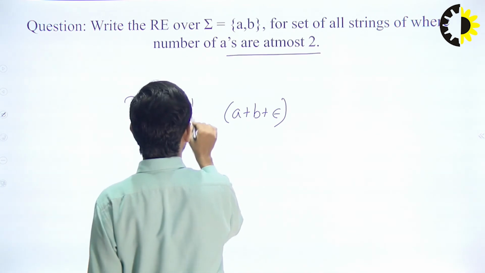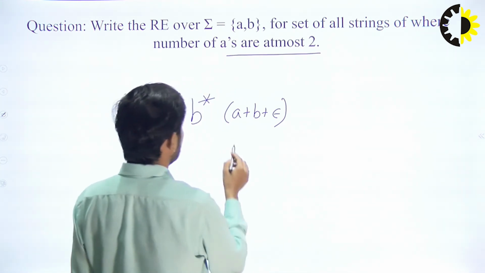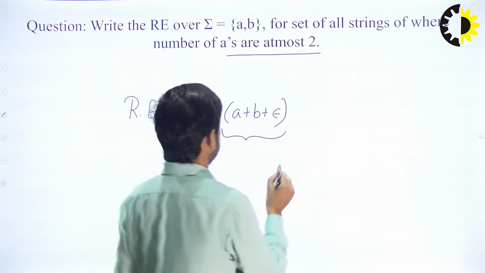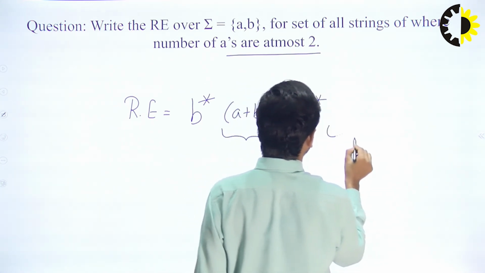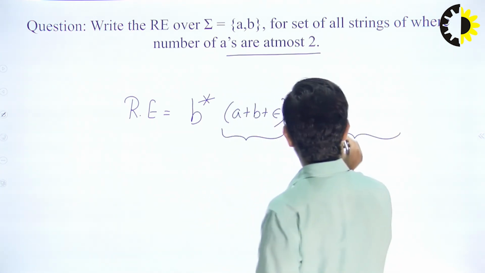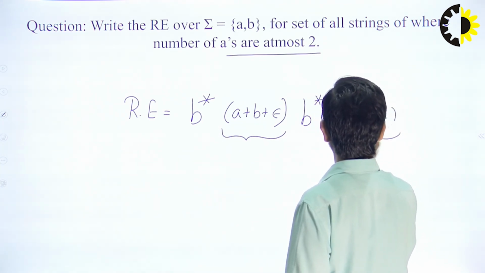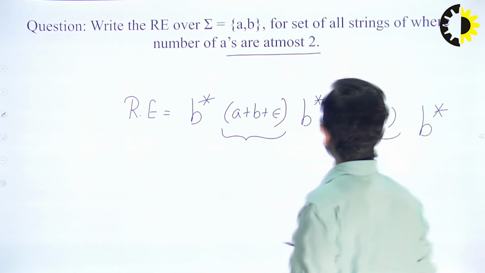So before that there can be any number of b, but only 1 a. In between there can be any number of b, okay, and (a+b+epsilon), and there can be any number of b's.